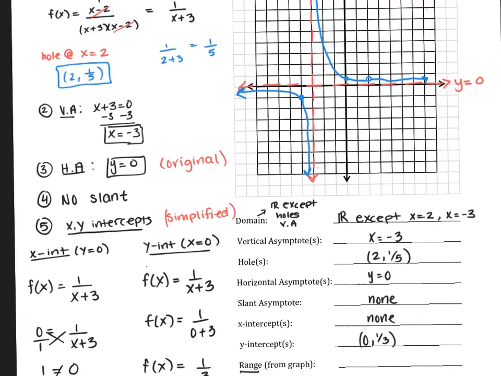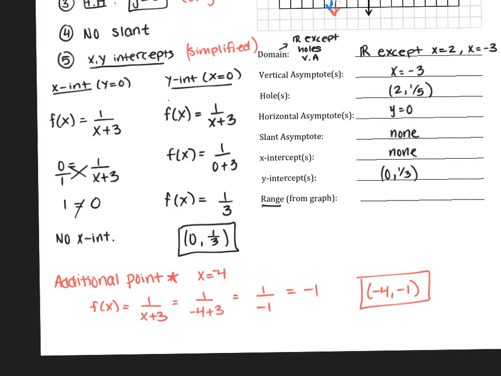So the range is going to be similar to the domain, that it will be all real numbers except y values of holes and any horizontal asymptotes. So up here, we said the domain was all real numbers except for holes. Maybe we should say except x values of holes and vertical asymptotes.